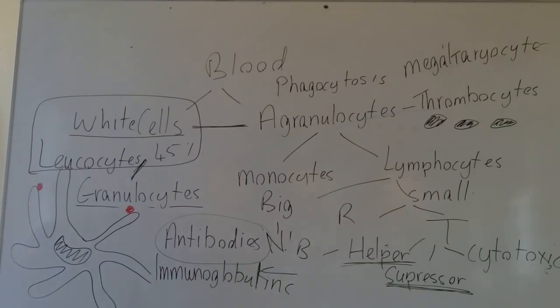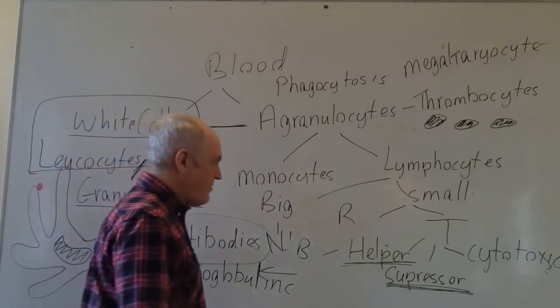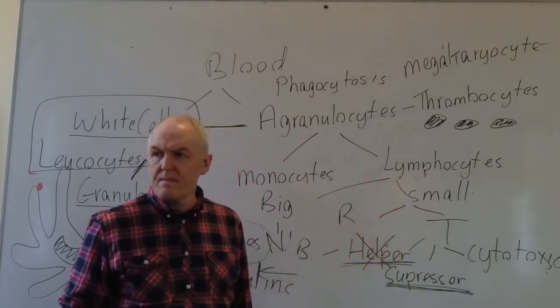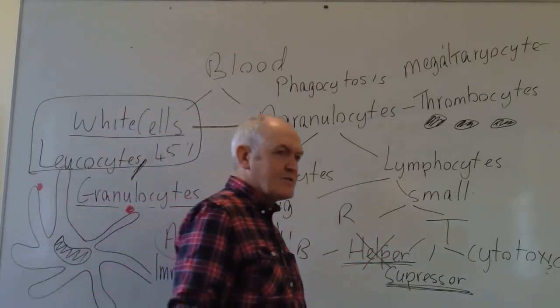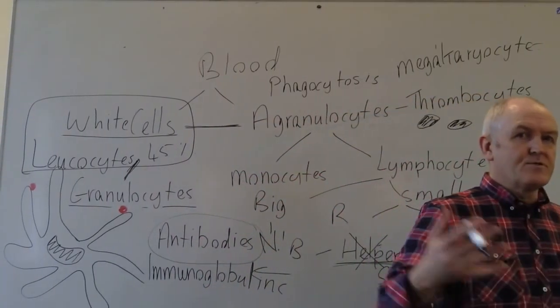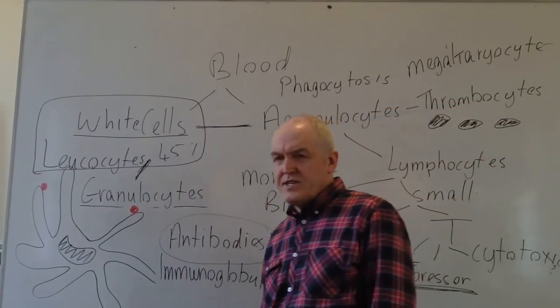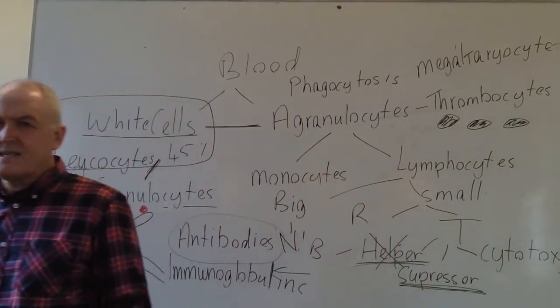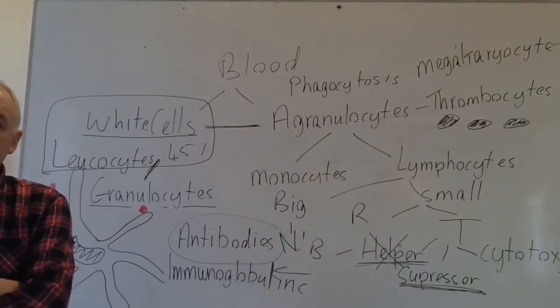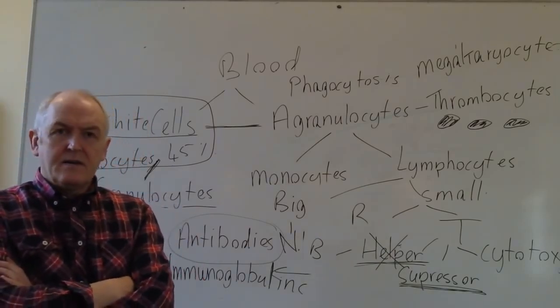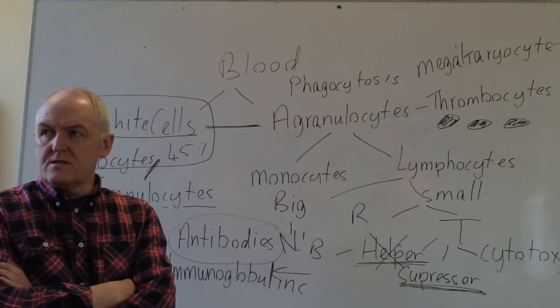So in HIV, the HIV virus kills the helper cells. That means the helper cells can no longer help the B cells to produce the antibodies. And if you can't produce the antibodies, what can't you combat? You can't combat the infection. That's why you can develop an acquired immunodeficiency syndrome.